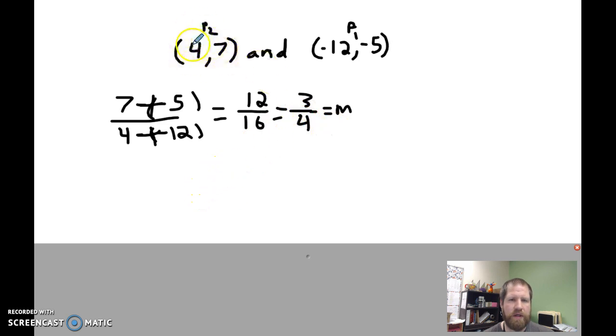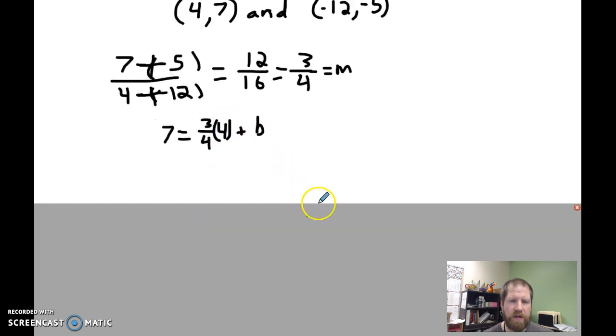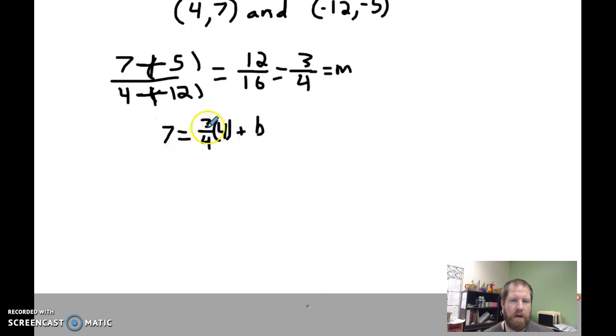And I'm going to go with point 2 this time because they're both positive. So I'm going to do y, 7, equals my slope, m, 3/4 x plus b. I know the x value I'm putting in is 4. So 3/4 times 4 plus b. 3/4 times 4, well, these 4's will cancel out.